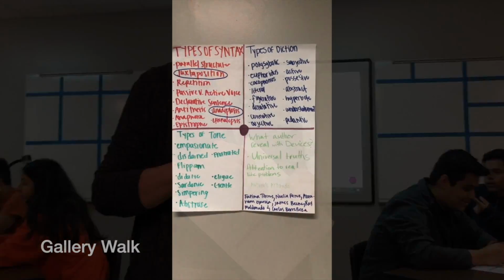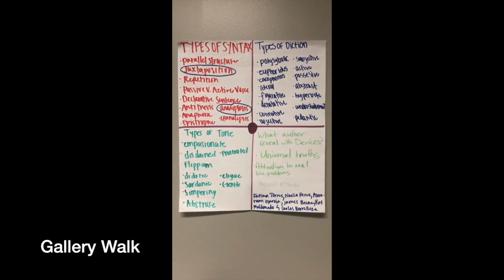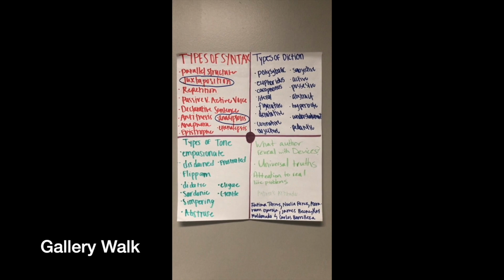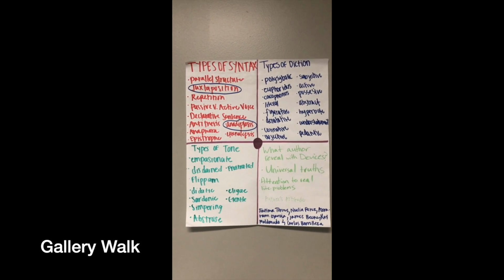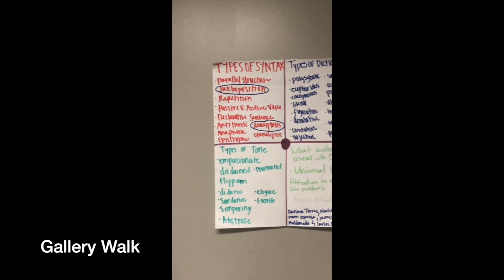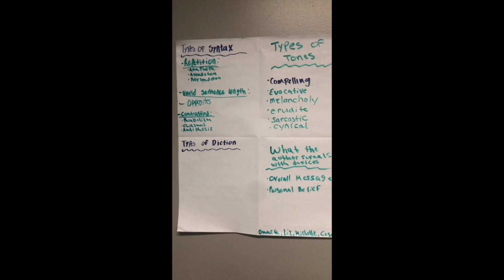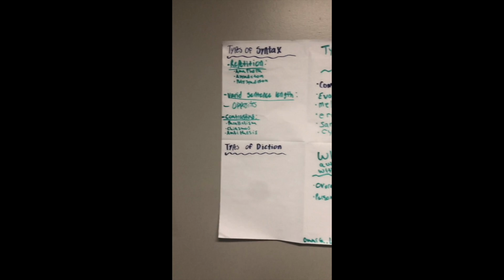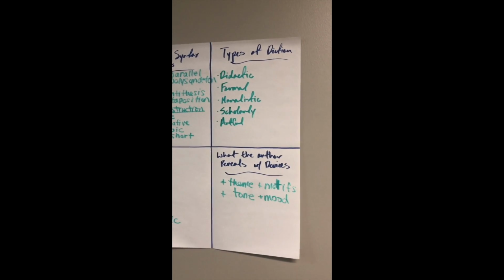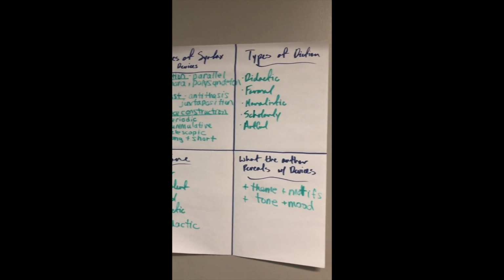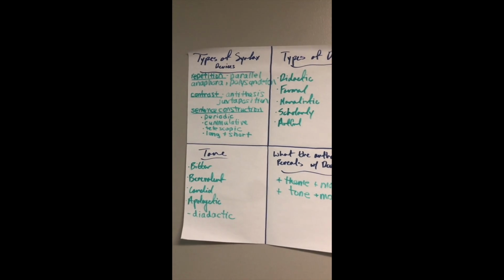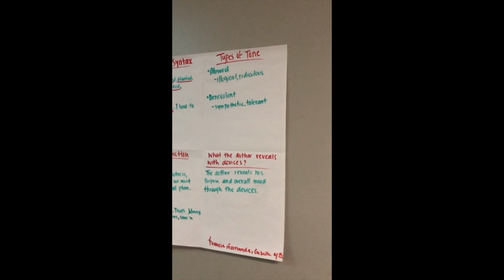Really? Okay. All right. We are going to do a gallery walk at this time where each table will get up and come over to look at each of the creations that each of you have made in regard to types of syntax, diction, elements of tone, and authors' stylistic elements.